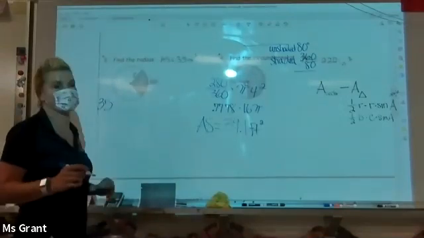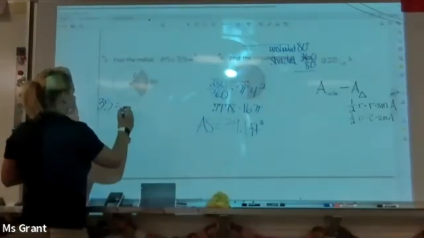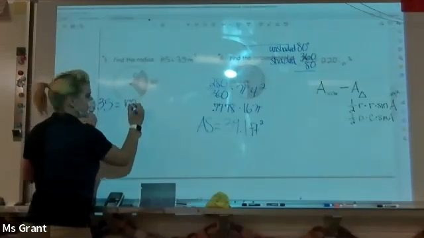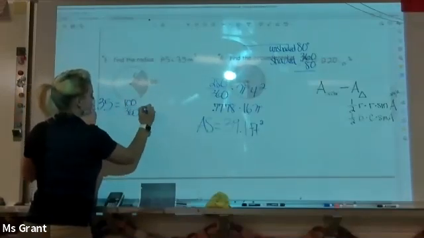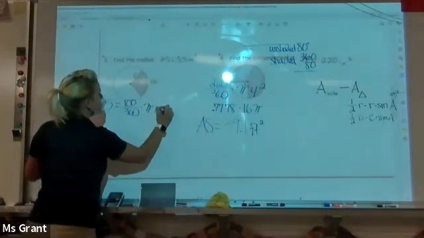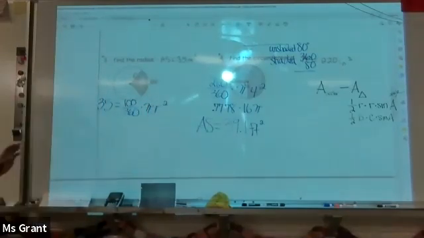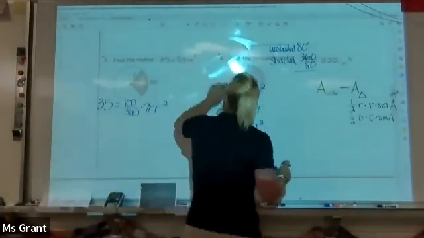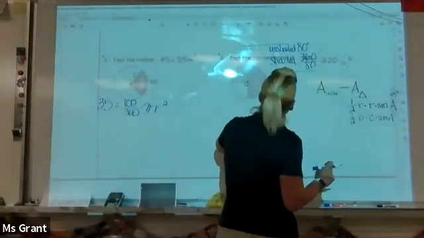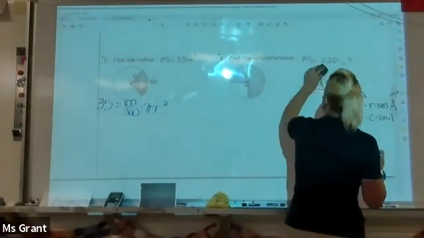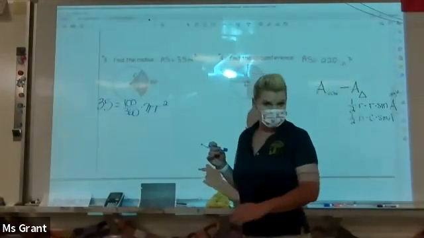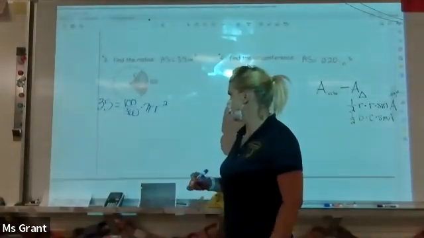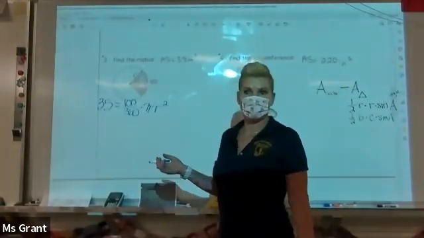Find the radius. Degrees over 360 times pi. I don't know what radius squared is. So R is my variable to solve for. So I can do 100 divided by 360 times pi.